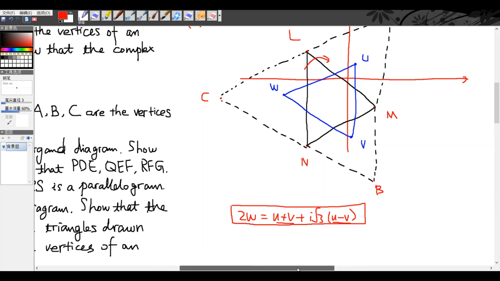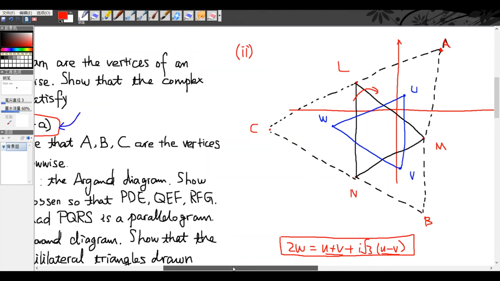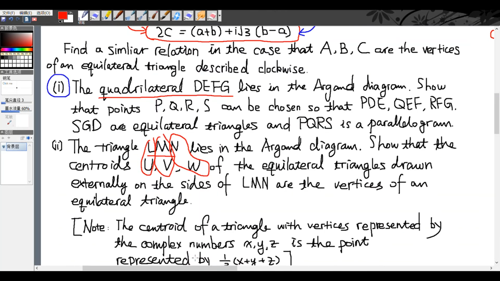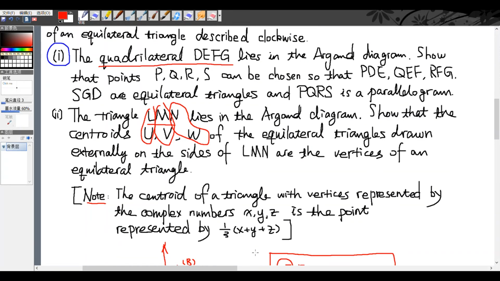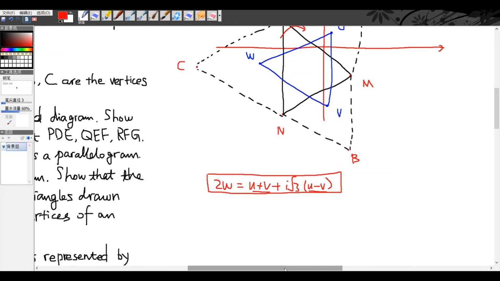And UVW are the centroids of triangles, and the problem actually provides us a note that the centroid of a triangle with vertices represented by the complex numbers x and y and z is the point represented by 1/3 times x plus y plus z. So this is what we'll have.